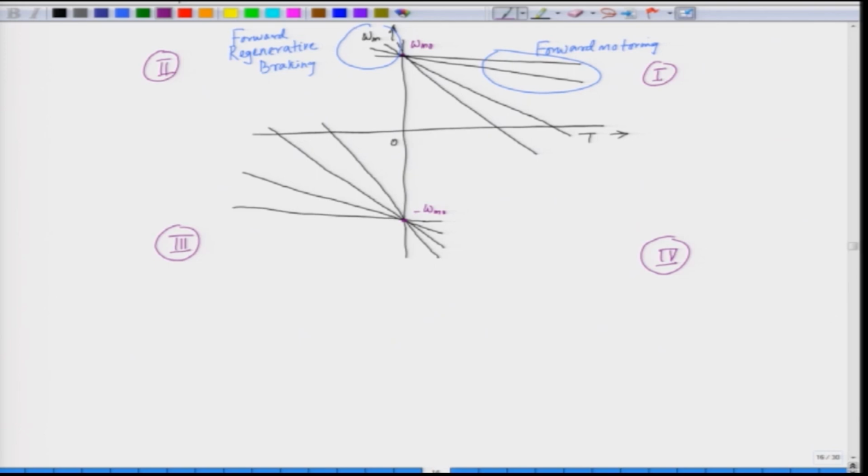Now, for the third quadrant, this part, including all of this third quadrant part, is the reverse motoring. Now, this is reverse regenerative braking.